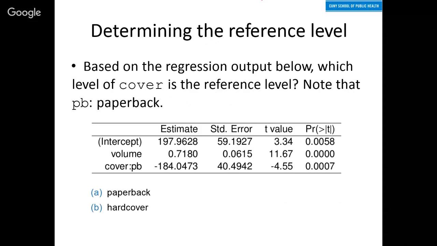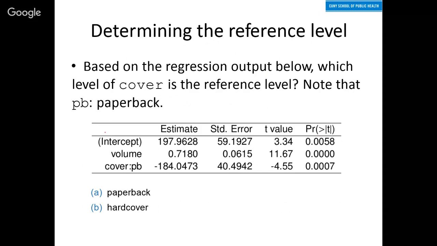Here we have two categories, paperback and hardcover. Which one is our reference group? Paperback? Actually, it's hardcover. Reference group is the one that the intercept corresponds to.